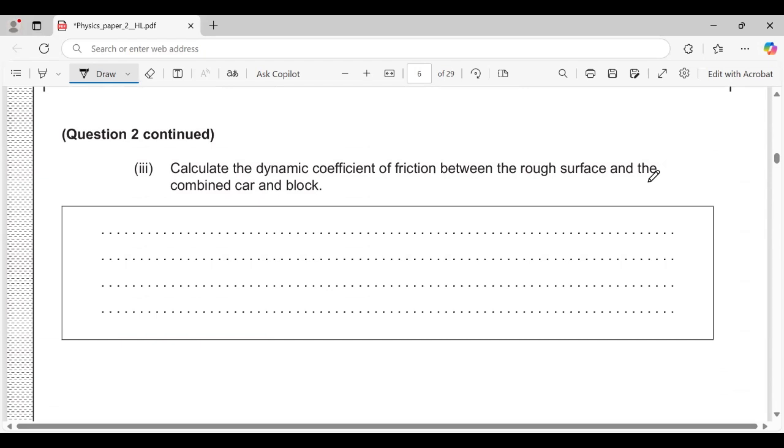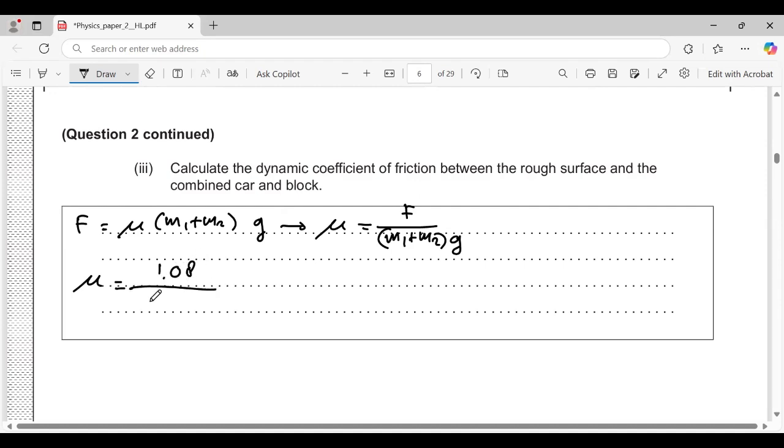We use the force of friction and Newton's second law, and the formula is F equals mu times (M1 plus M2) times G. If we rearrange this formula, mu equals F over (M1 plus M2) times G. So mu equals 1.08 divided by (0.12 plus 0.18) times 9.81, and the result is 0.367. Round off, 0.37.